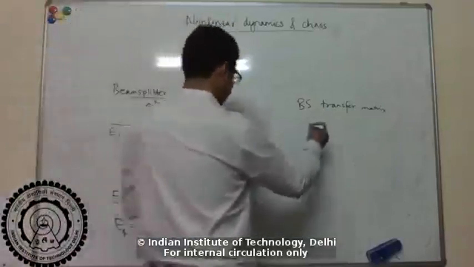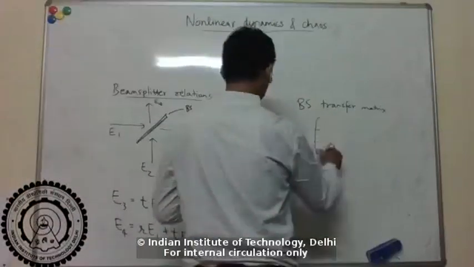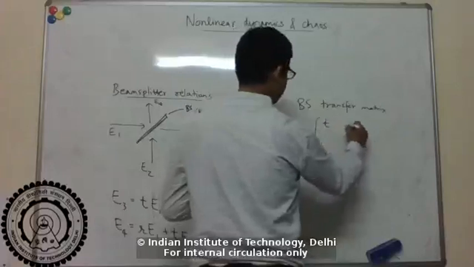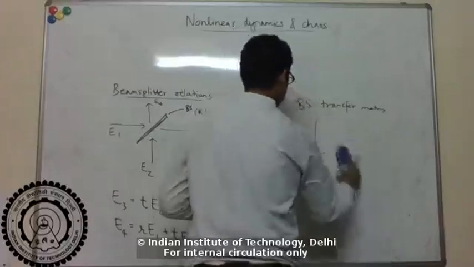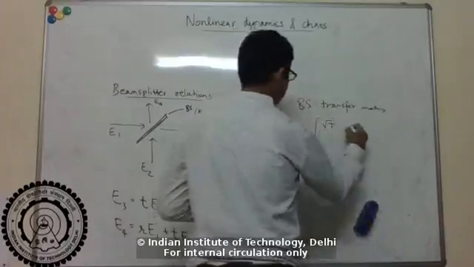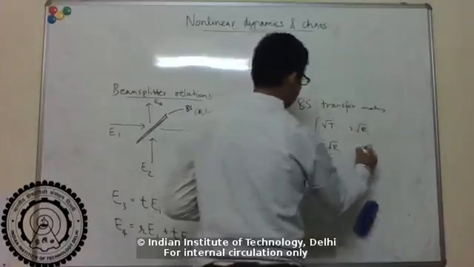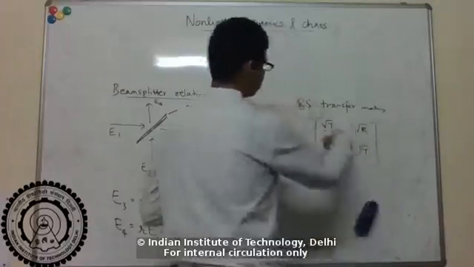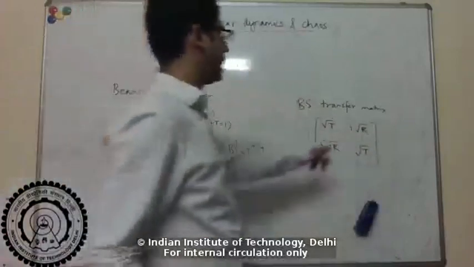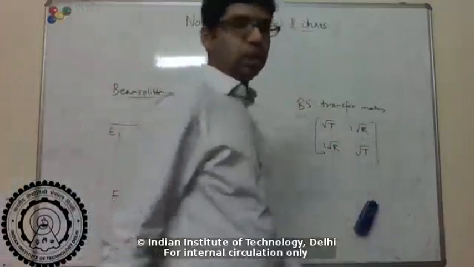Okay, so this beam splitter transform matrix then becomes, so I have square root of T, I times square root of R. Right, so that's the beam splitter transform matrix. So these I's are very important.